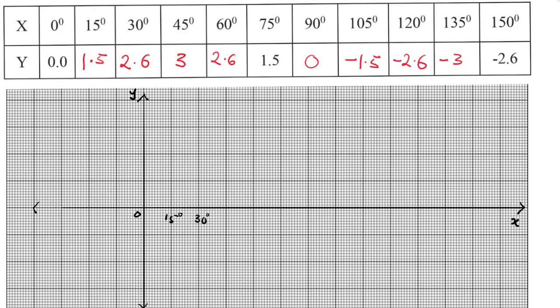Next one will be 15 plus 30, which is 45 degrees. Then the next one will be 45 plus 15, which is 60 degrees. Next one will be 75 degrees. Next is going to be 90 degrees. Next is going to be 105 degrees.